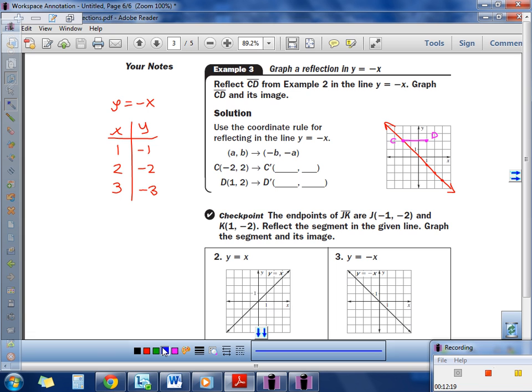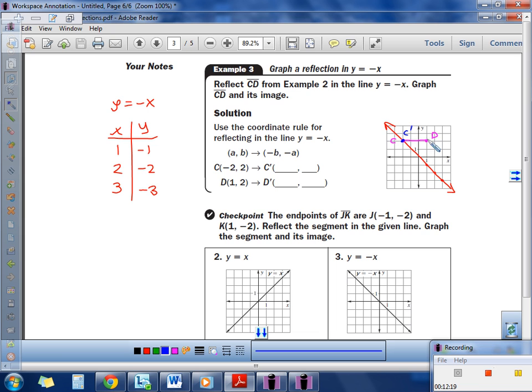Now C is very easy because C is going to be on the line of reflection. It's not moving. C prime will not change. There's my C prime. Since it was already on the line, it's staying on the line. But what do I do with that D? How do I figure out where D should end up? Count diagonals.